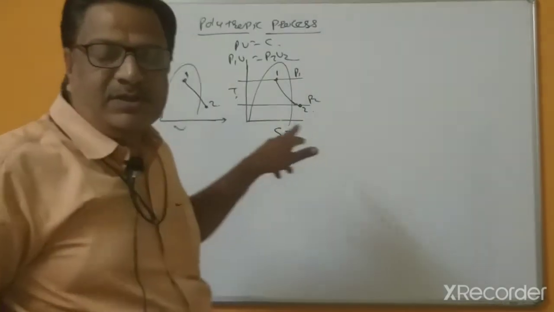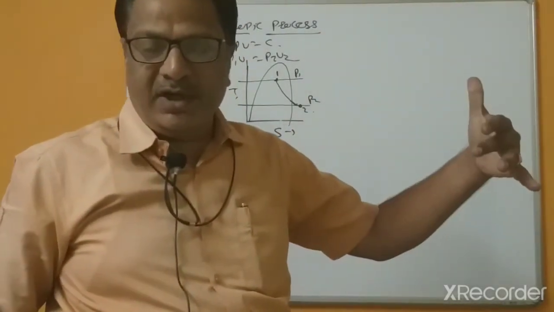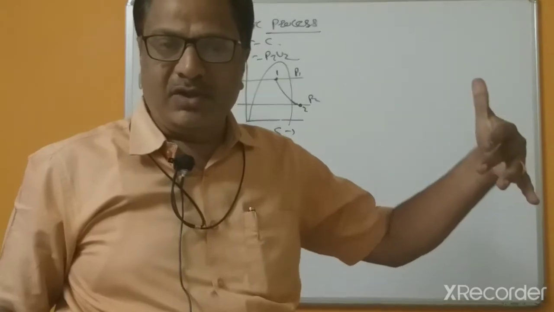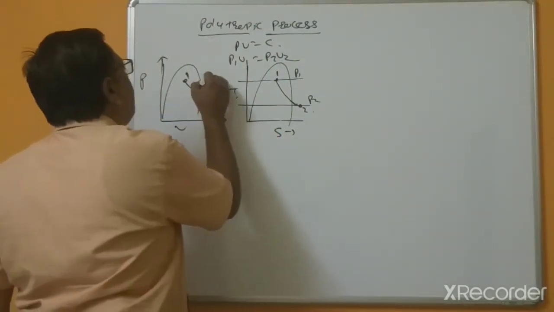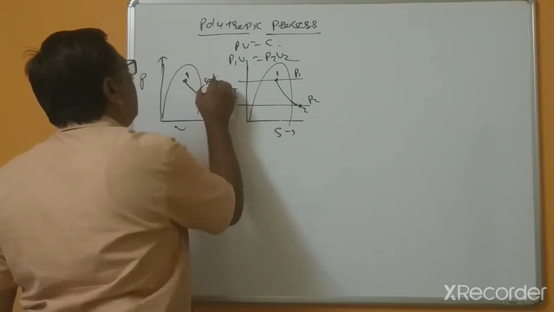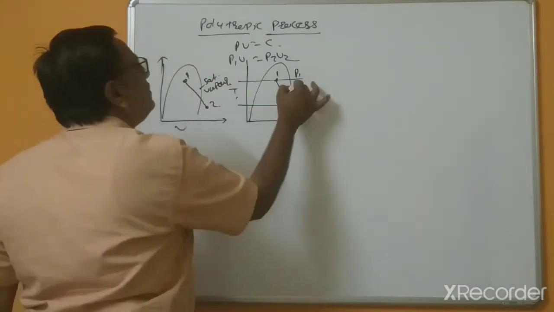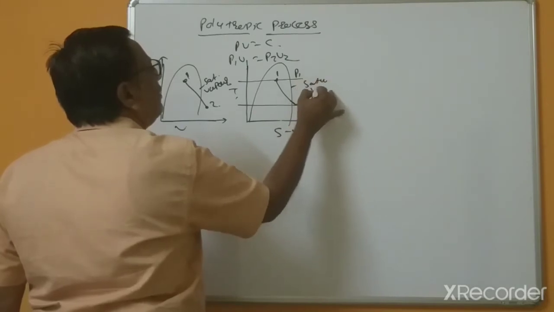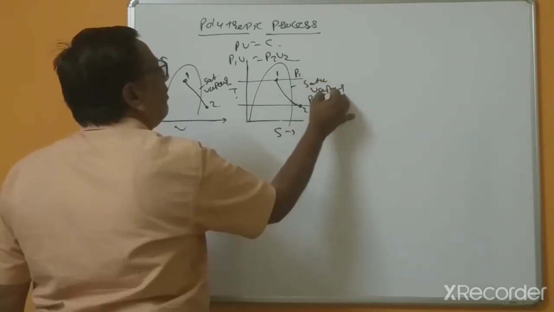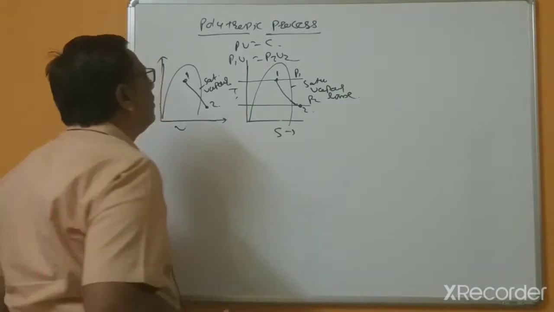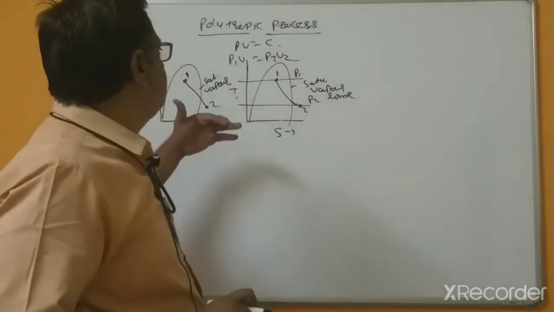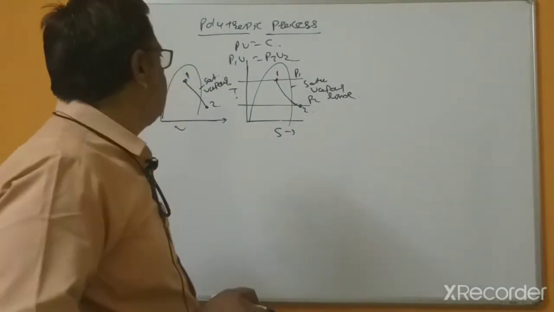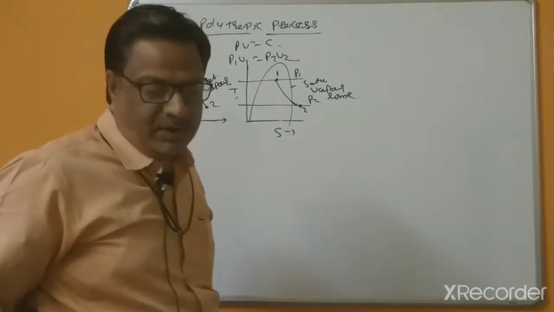So this second point may lie in the superheated state, or this second point may be on the saturated vapor line. That depends on the conditions, meaning how much is the initial dryness fraction and the final dryness fraction.